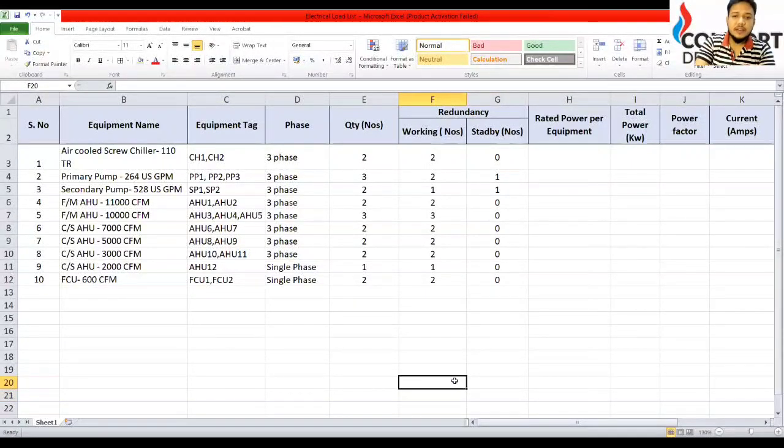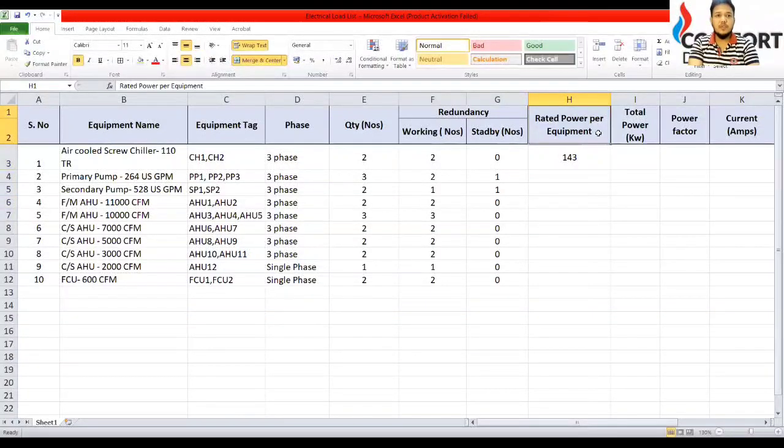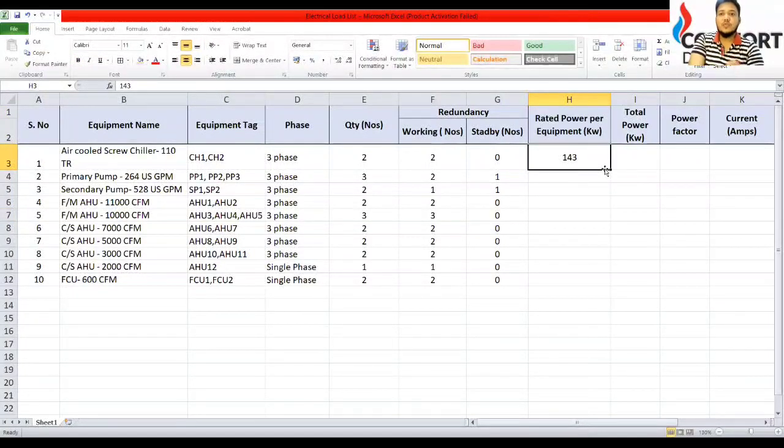It is the power that it might be consuming. So I'll write 143, and this power is in kilowatt. So 143 kilowatt per chiller it is consuming.